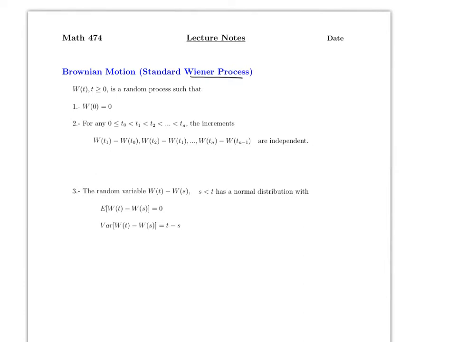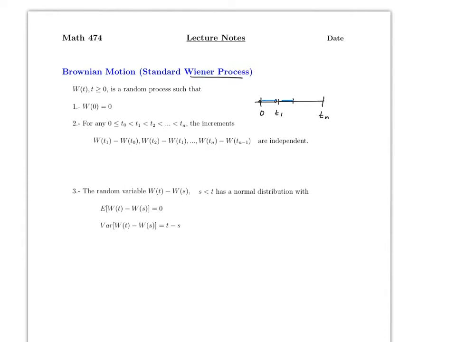So the Wiener process, which I'm just going to call Brownian motion from now on, has the following properties. The first one is that W of 0 is equal to 0. And then for any partition, so if you cut the time from 0 to Tn, then each increment, which will be from here to here, this will be the first one, then from here to here and so forth, they are independent.